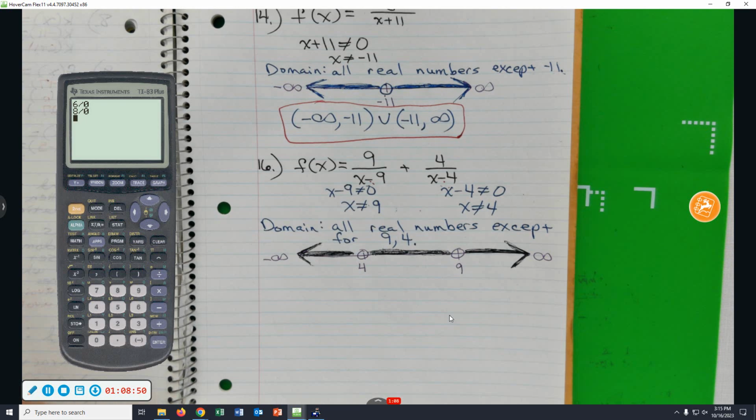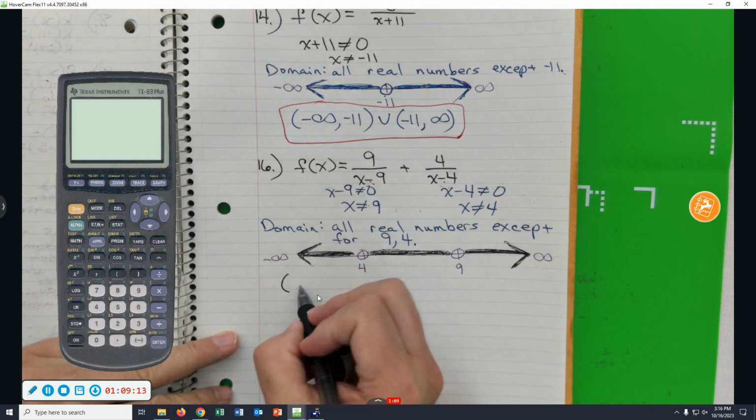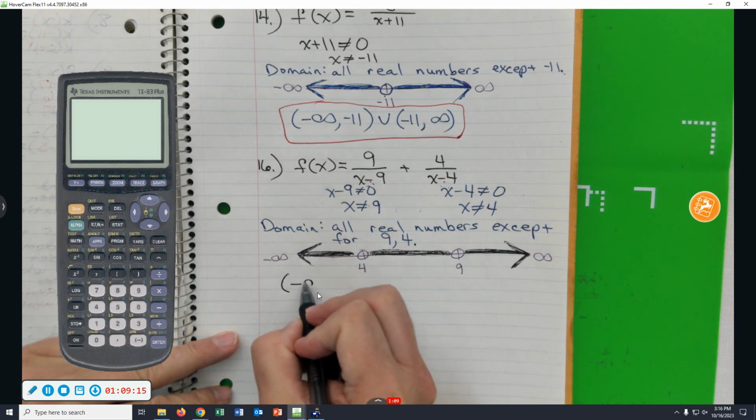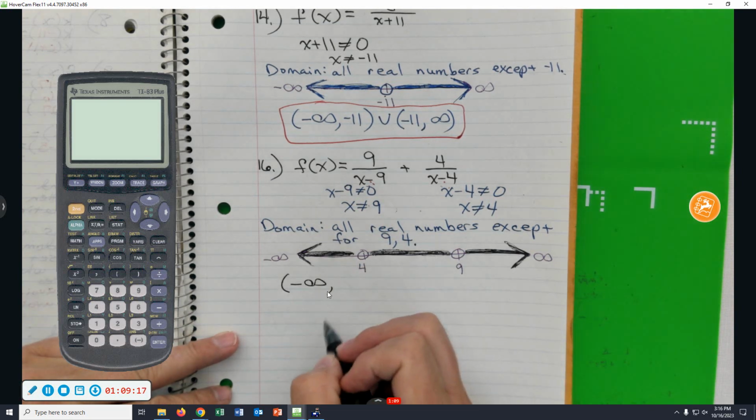If you've drawn out the number line, since it's multiple choice, you can probably pick out the options. But I just feel like the problem isn't finished if I don't write it out. So, are we going to have any brackets? No, it's all parentheses. So, parentheses, negative infinity, comma, 4.